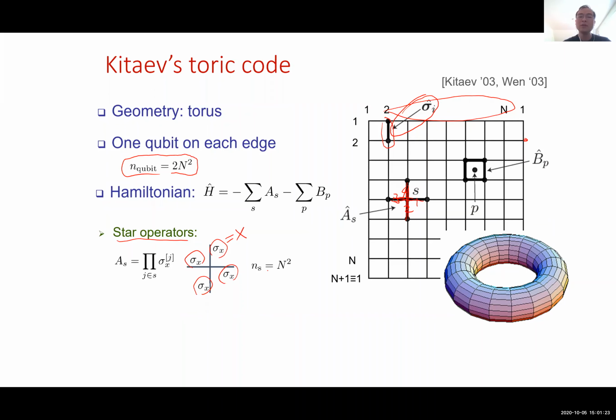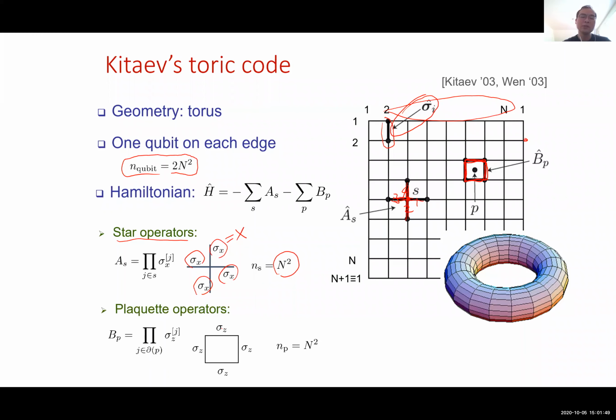Okay, and the number of star operators is n squared, the number of vertices in a square lattice. The other type of operator is called the pocket operator. It involves 4 qubits lying on the pocket.